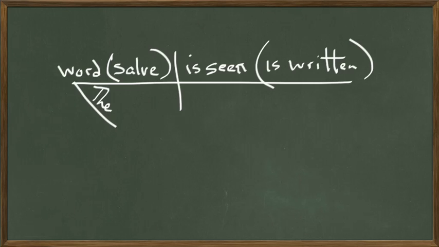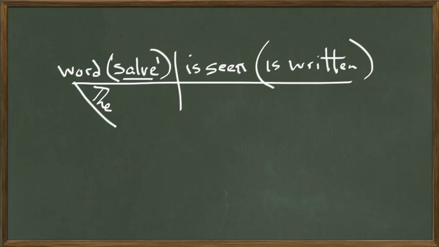Now, where is the word salve seen or written? And if you haven't read this book, it's referring to the entrance to Julius and Amelia's house, and on the threshold before you go into their house is the word salve, which is basically hello in Latin, so it's kind of like a welcome, ancient Roman welcome mat.